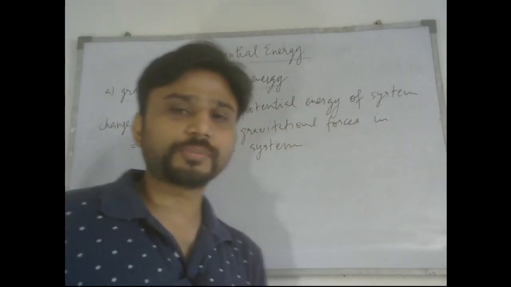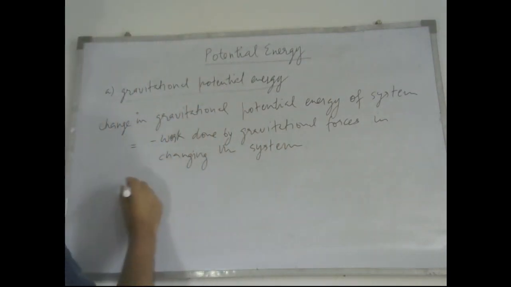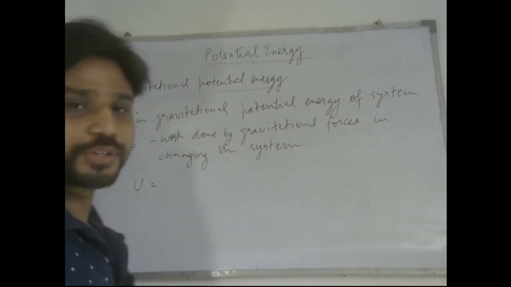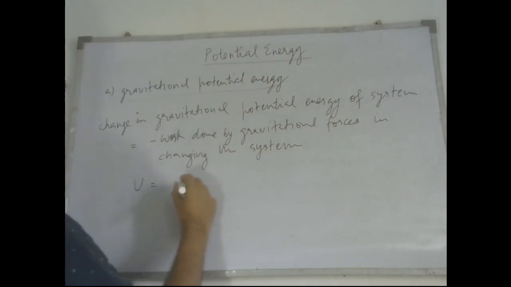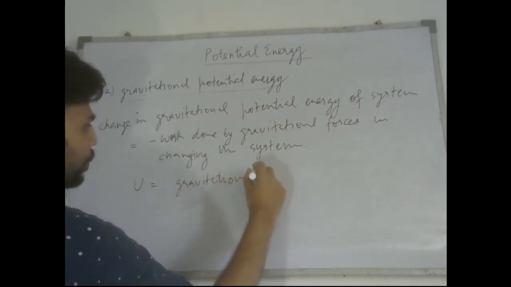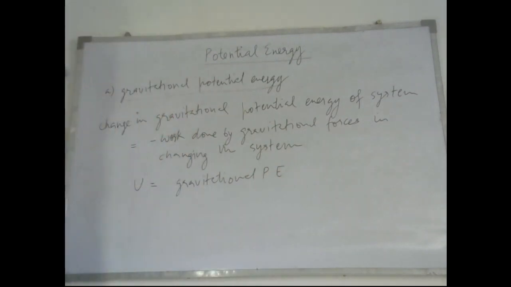So let us use this formula. If I symbolize U as the expression for the gravitational potential energy of the system, in short it is written as PE.